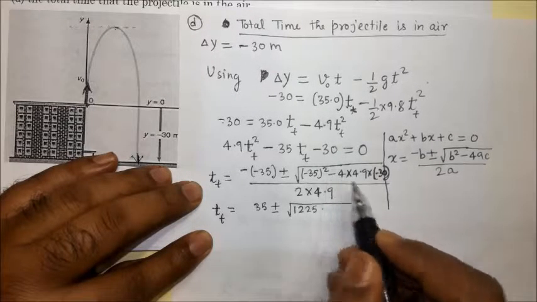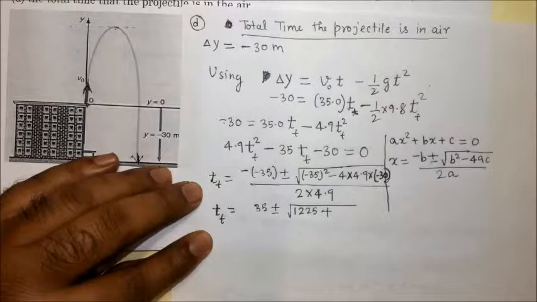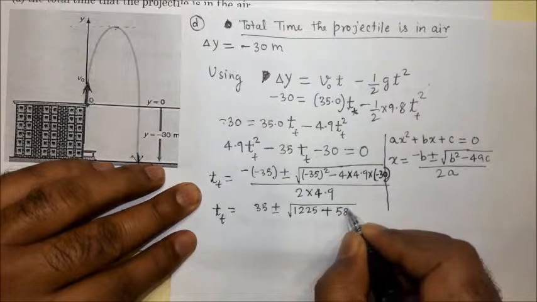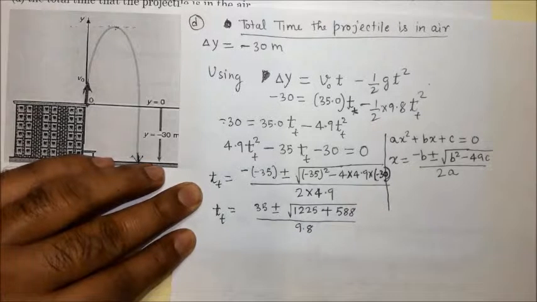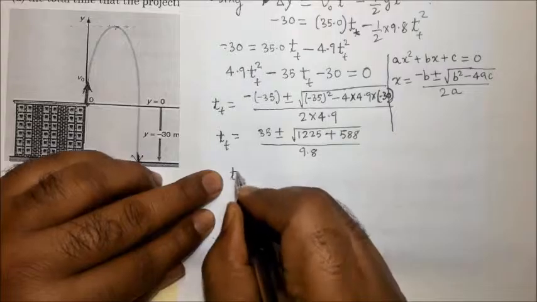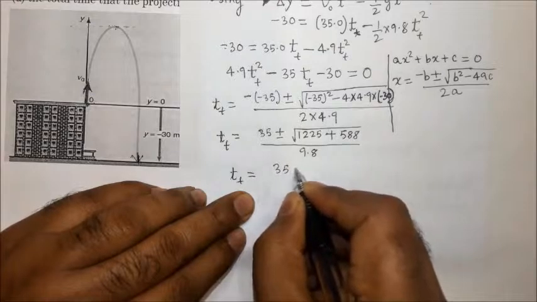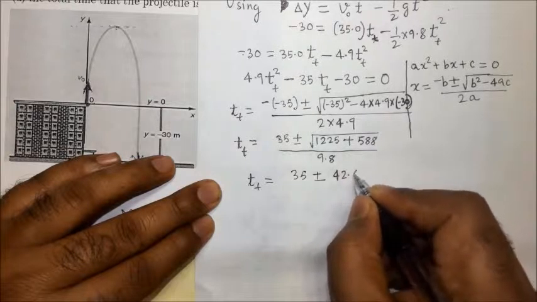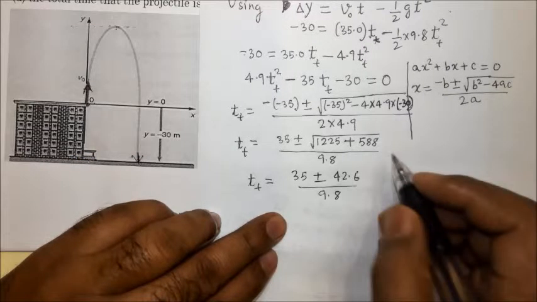This minus and this minus becomes plus, plus 4 times 4.9 times 30, this becomes 588, divided by 9.8. So this becomes t sub t is 35 plus minus approximately 42.6 over 9.8.